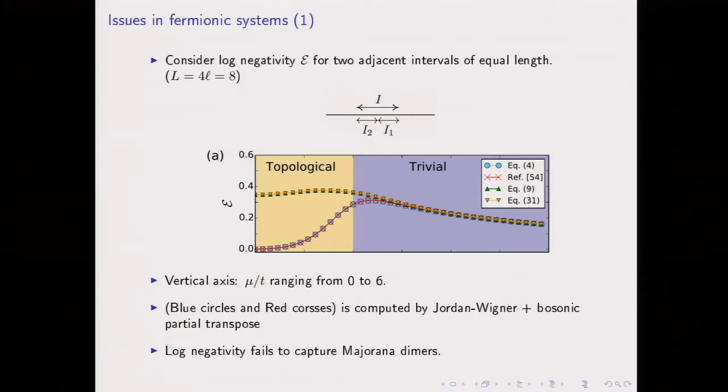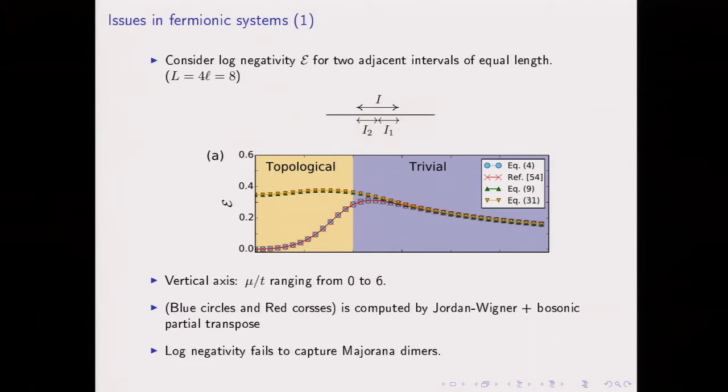So here's a sample calculation. We take a small Kitaev chain, divide up my system just as before, and discuss, in this case, the negativity of the Kitaev chain in the ground state. For now, I'd like to focus on this curve here, and ignore this curve for the moment. So this is the entanglement negativity defined for this configuration, and it is actually 0 deep inside the topological superconductor phase.